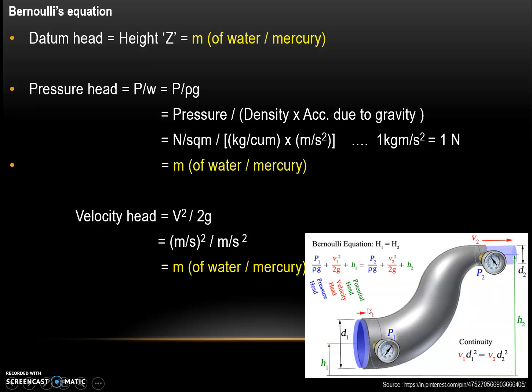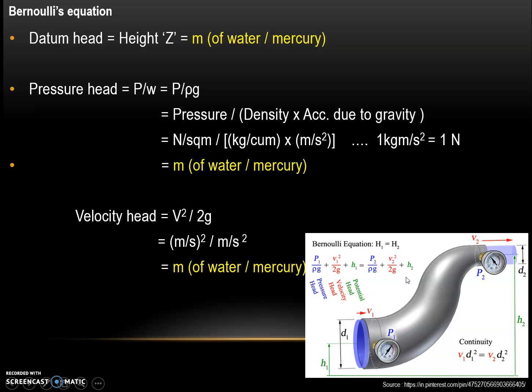The total head at section 1, that is H1, must be equal to H2. That is what Bernoulli's theorem states. The head should remain constant along the length of the pipe. So H1 must be equal to H2.